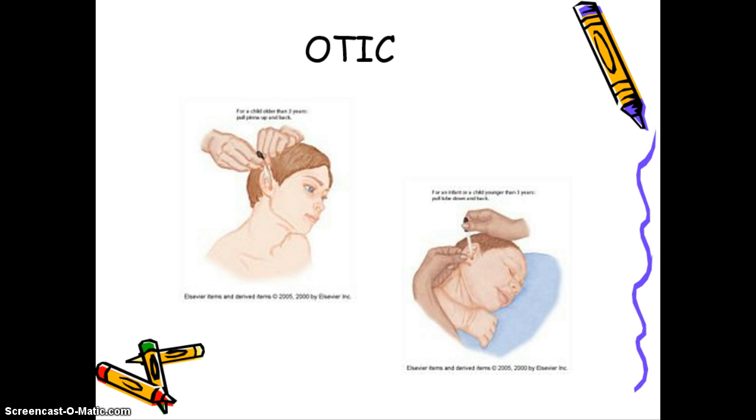When you are looking at otic administration, remember that when they are older, you need to pull the ear up and back, and when they're younger, you need to pull the lower part down. So I would take a look at that and make sure that you have a solid understanding of med administration.